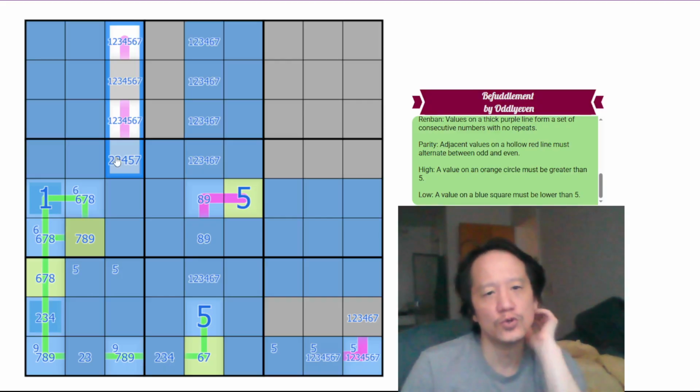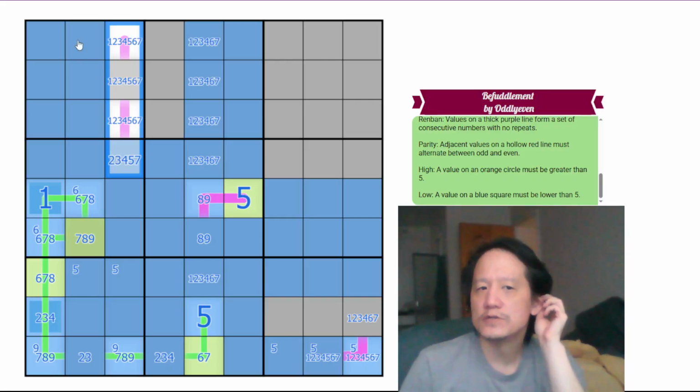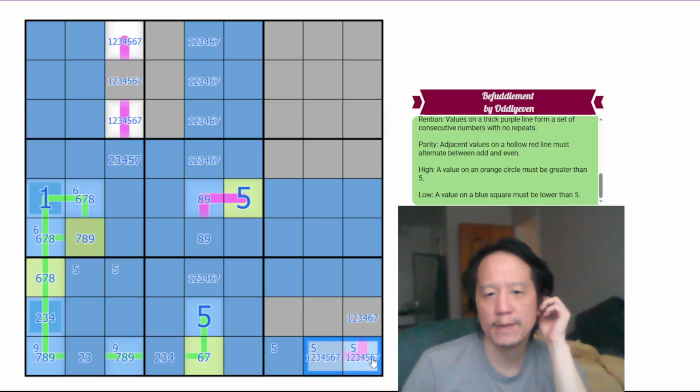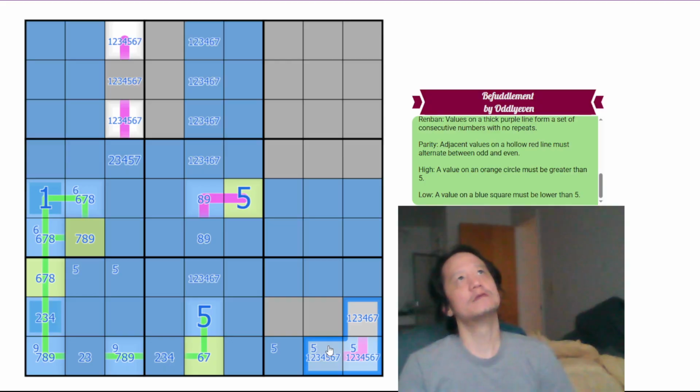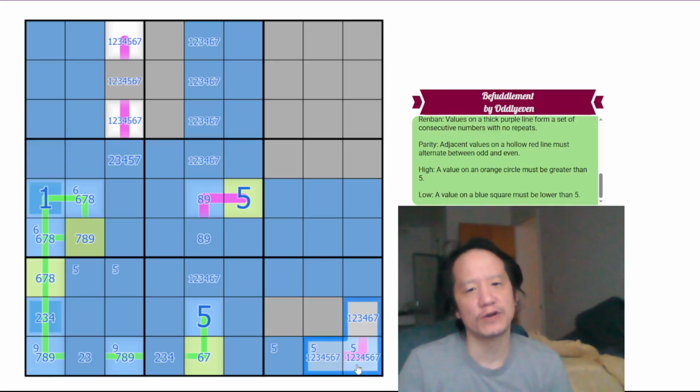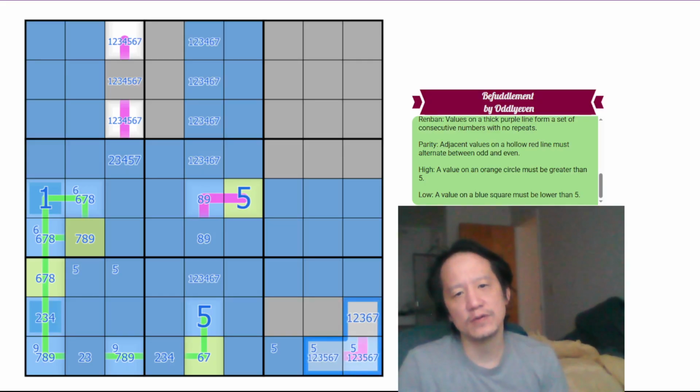So it could be 2. So this is either 1 through 4 or 4 through 7. I don't think this can ever be 4 here in value. And it also can't be 4 doubled because they can't have a value of 8.